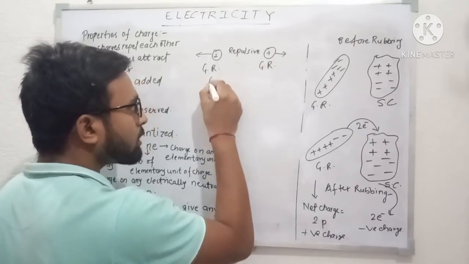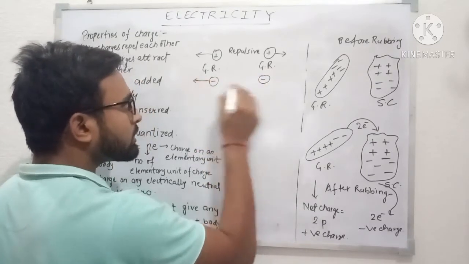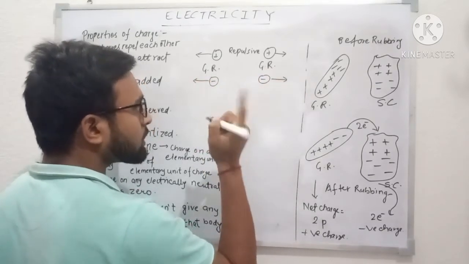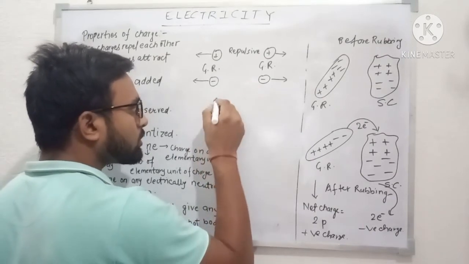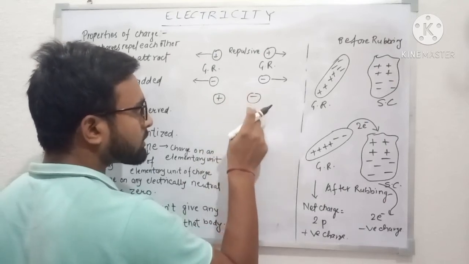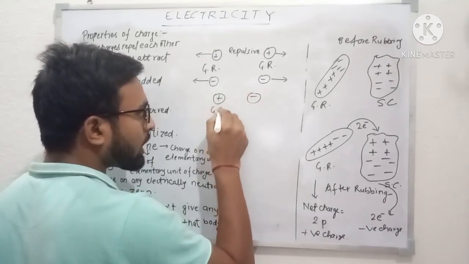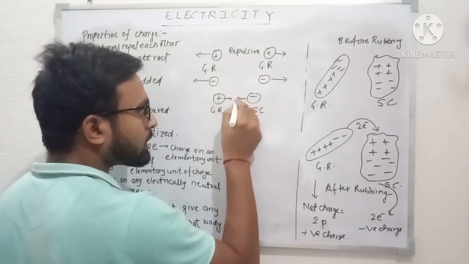In the same way, when two silk cloths are placed nearby, they also experience repulsive force because they have the same polarity. When we see two different polarity charges, suppose a glass rod and a silk cloth, they experience an attractive force.